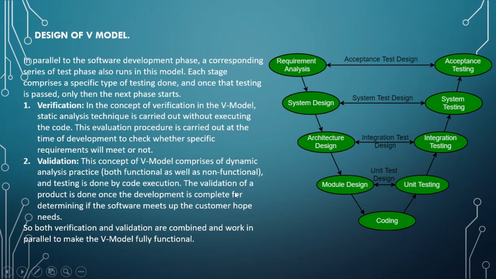The validation of a product is done once development is complete, to determine if the software meets the customer's needs and expectations. So both verification and validation are combined and work in parallel to make the V model fully functional. Now let's see all the phases of verification and validation in detail.